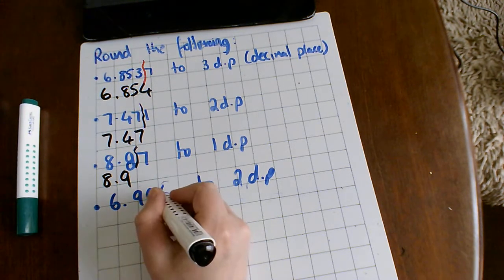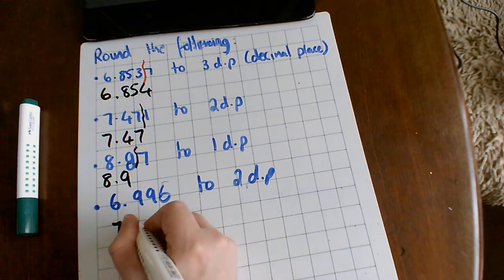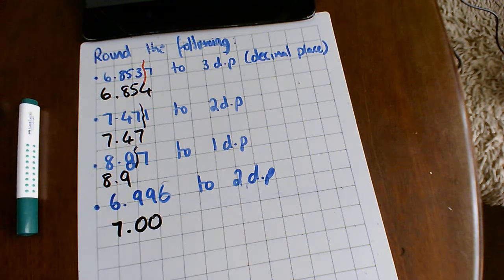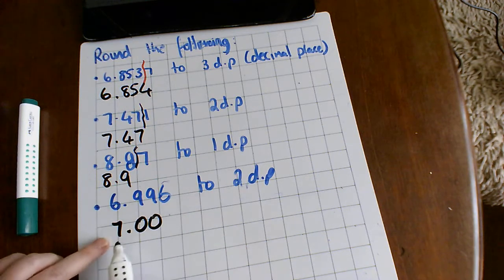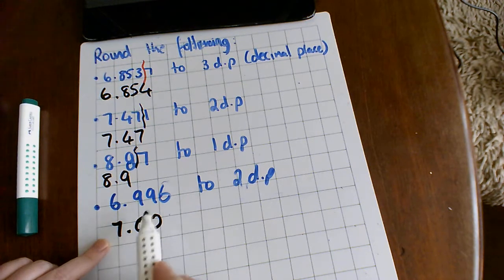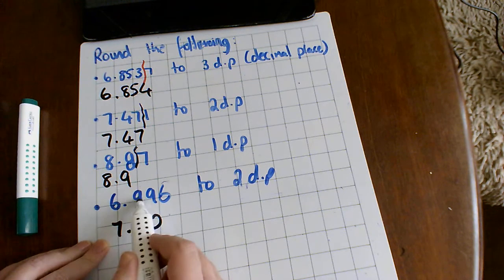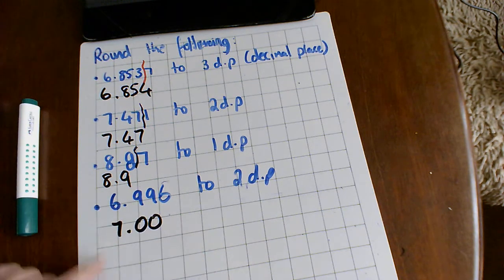Because this rounds this up to a 10, this rounds this up to 10, it's actually 7.00. And because it asks for 2 decimal places, don't put down 7, put 7.00. The only reason everything changed is because that 6 rounded that 9 up, which rounded that up, which rounded that up. So they're the only ones that could have got a bit trickier.